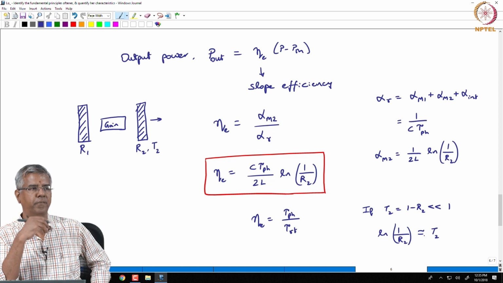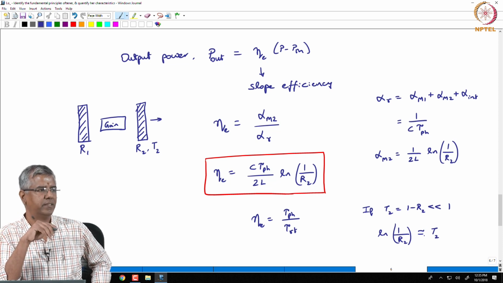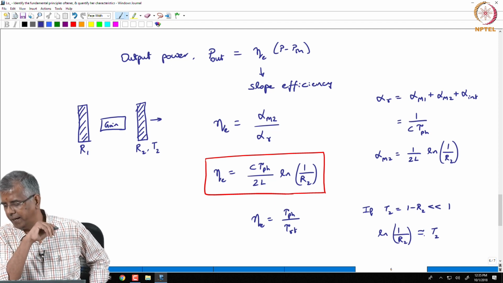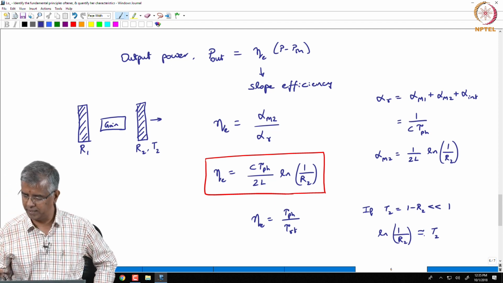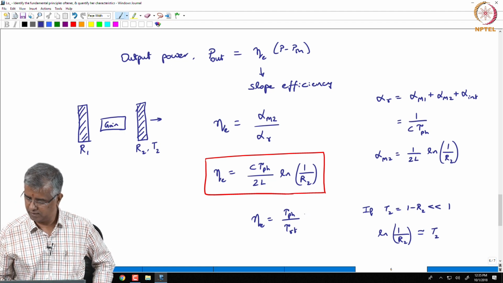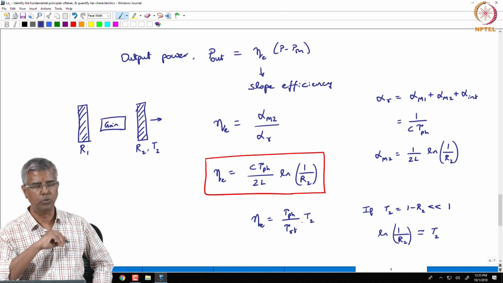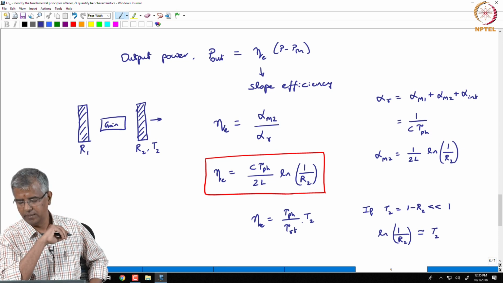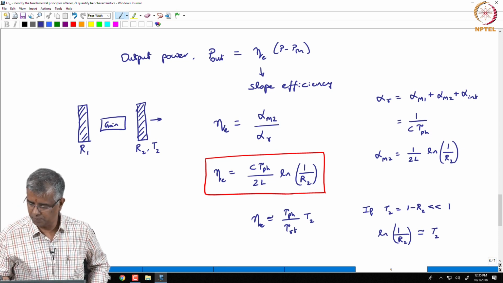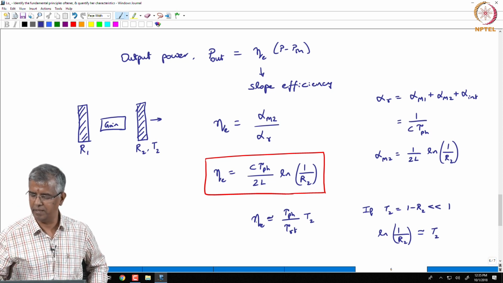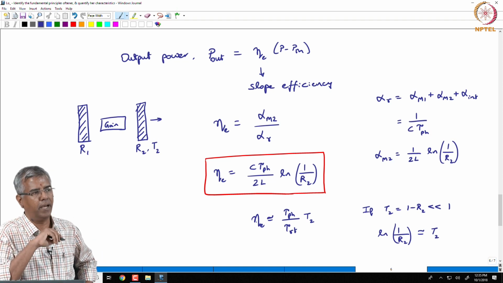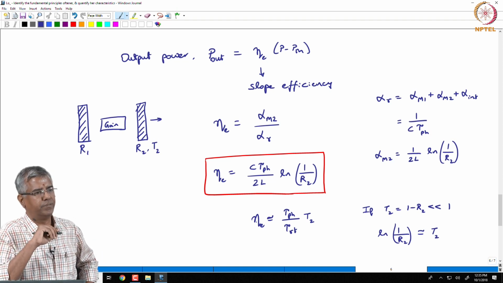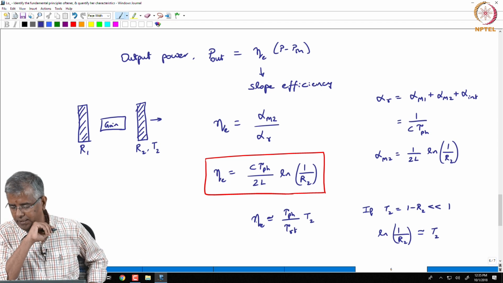Ln of 1 over a number very close to 1 can be approximated as that small number itself, and so I can write this as T2. This is approximate, valid only when we have a very low transmission.